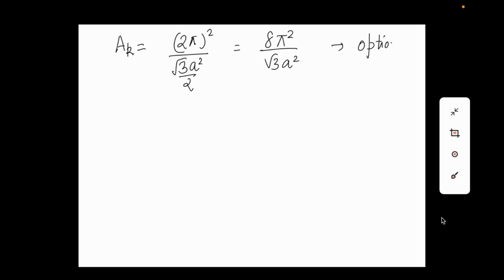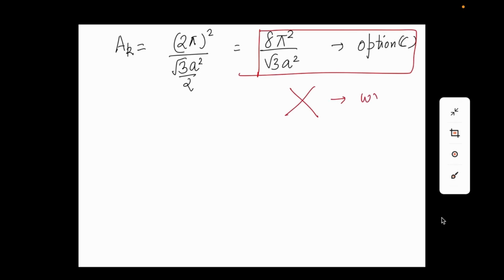And if you had used this area, you would have gotten a completely wrong answer, which is option C, because then the Brillouin zone area would become (2 pi) squared divided by this, which would give you 8 pi square by root 3 a square, which is option C. And that is completely wrong. This is the wrong option.